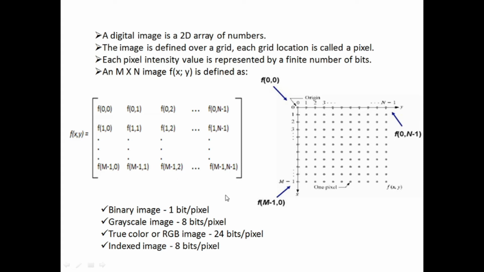Now the number of bits required to store any digital image can be given as m cross n cross k, where k stands for the number of bits each pixel carries for a particular type of image. So for, let me say, a 5 cross 5 image, if it is a grayscale image, the number of bits required to store this image is 5 cross 5 into 8. So you can find out what the answer will be.